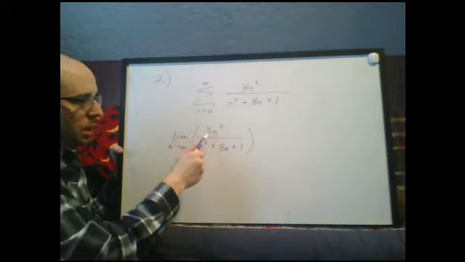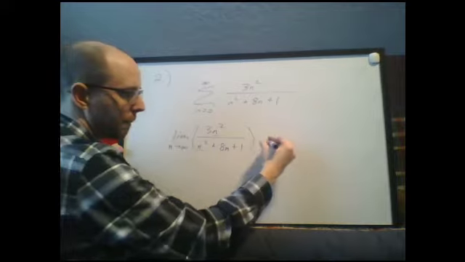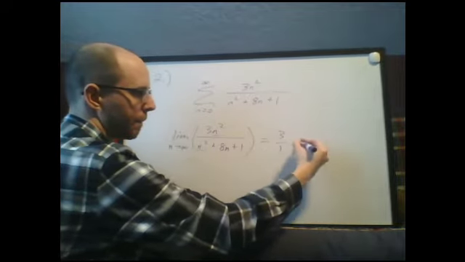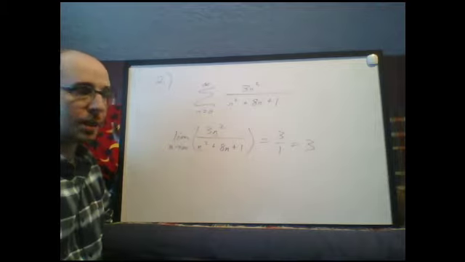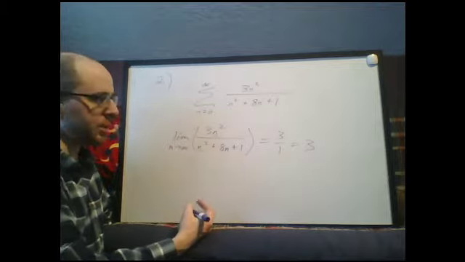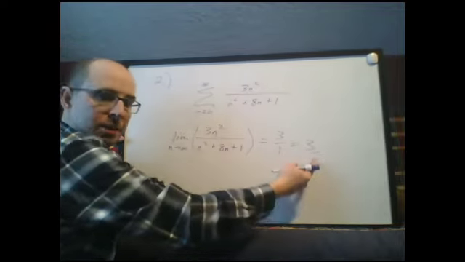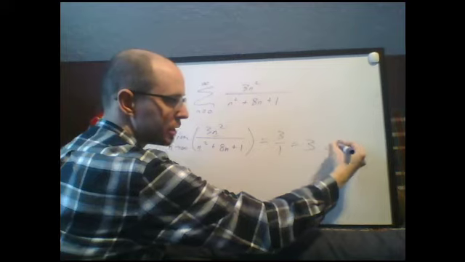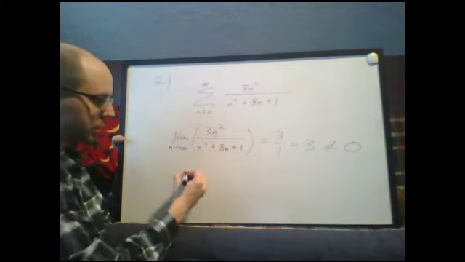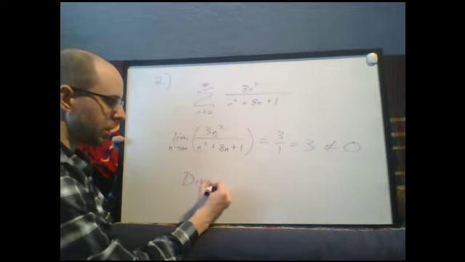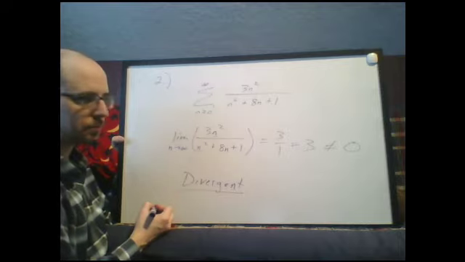So the limit's the quotient of the leading coefficients, 3 divided by 1, which is 3, of course. And that's all we need to do, because the divergence test tells us if the expression we're adding up doesn't approach 0, so 3 is not 0 here, then there is no way this sum can converge. So this is divergent by the divergence test.